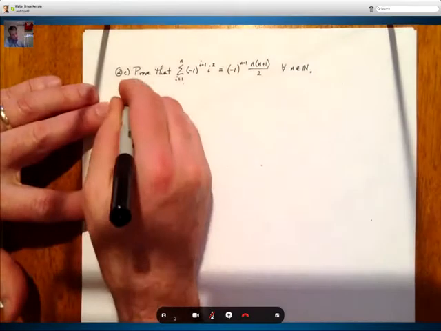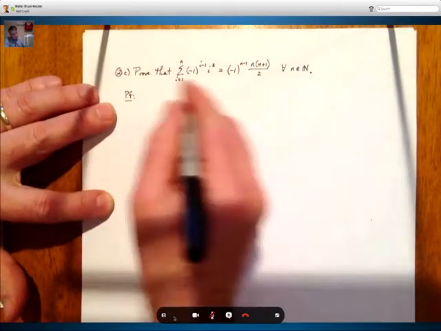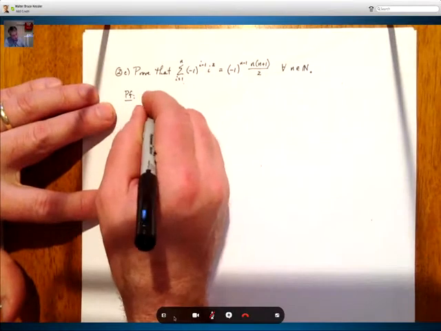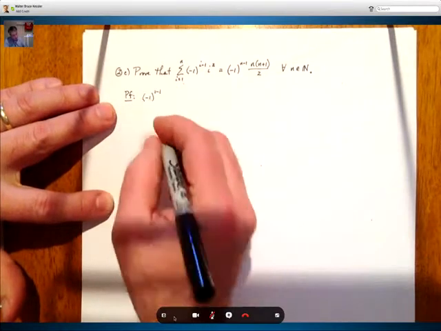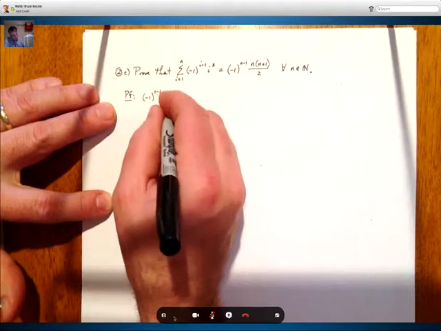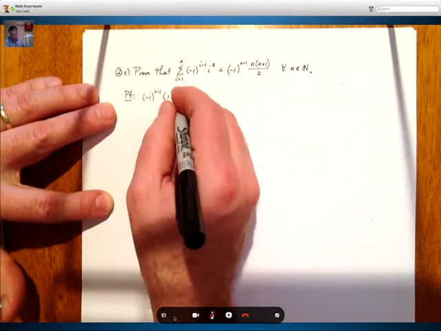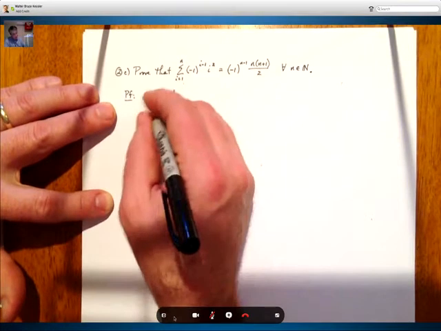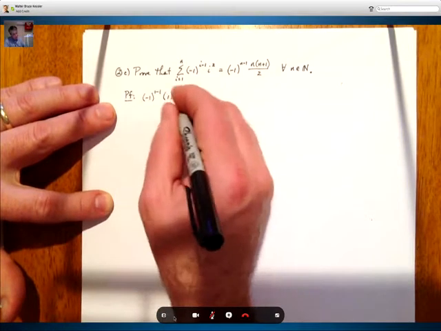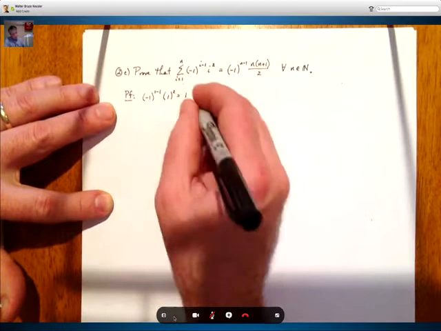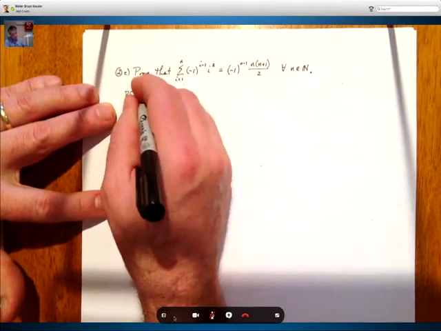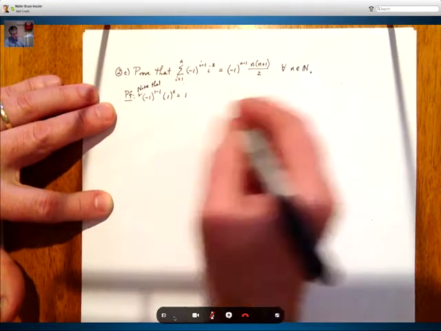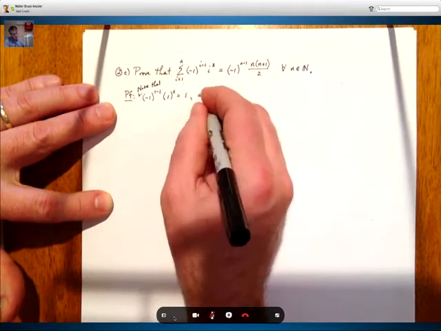So the initial step here is with n equal to 1. So let's look at this with n equal to 1. I would have negative 1 to the 1 minus 1 times 1 squared. Well, this is 1, the 0 exponent is 1, and then 1 squared is 1, so this is just 1. And I normally say something like note that, just forgot to write it down.